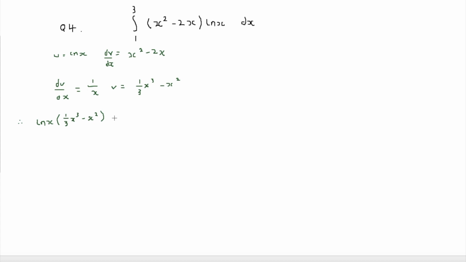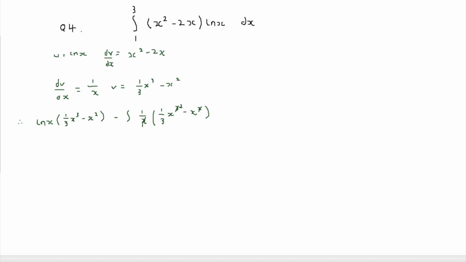That's going to be minus the integral, and then here we have this 1 over x, times a third x cubed minus x squared. Obviously though, we can cancel stuff out, so that x is going to cancel there, and that'll be x squared, and it'll cancel with that. So therefore what we're left with is ln x times a third x cubed minus x squared, minus the integral of a third x squared minus x.